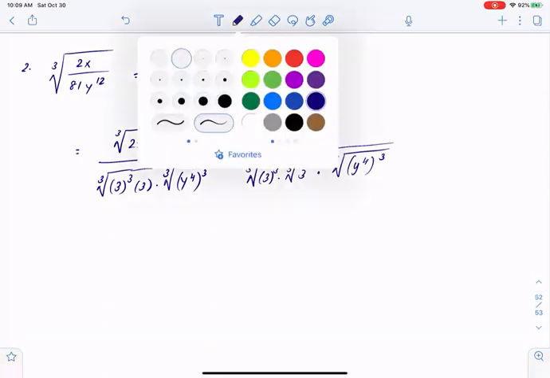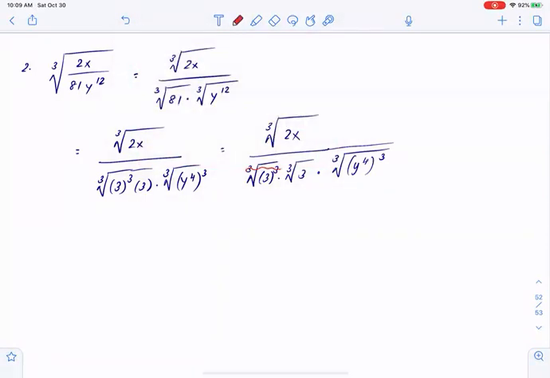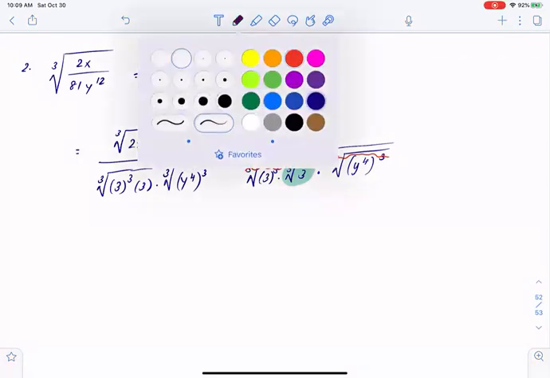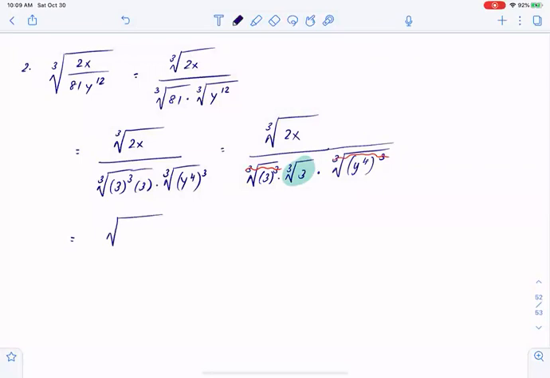The things that would get cancelled are the third root and 3 over there, and the third root and 3 over there. Nothing can be done about that. So we will simply have the third root of 2x divided by the third root of 3 multiplied by y raised to 4.